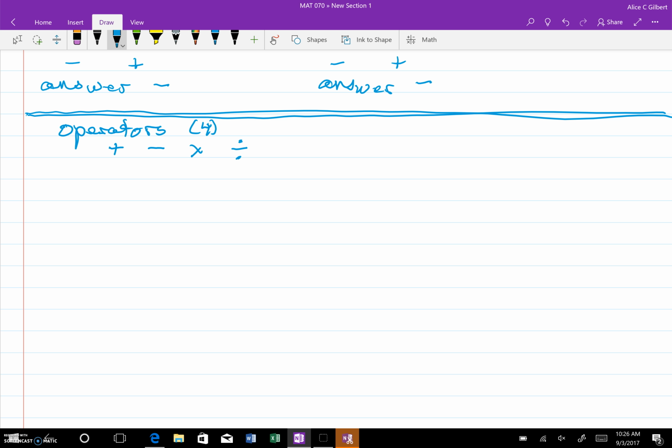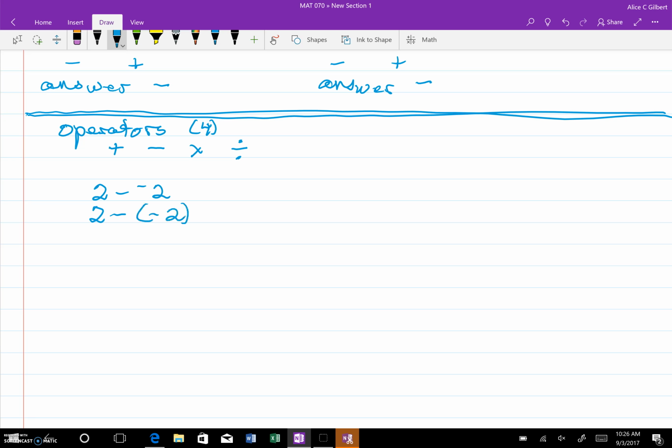No 2 operators can ever be written next to each other, no matter what you've been taught, without parentheses. So I cannot write something like this. That's unacceptable. It must be written like this.